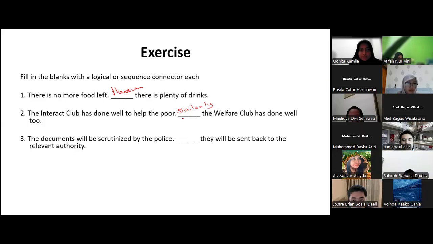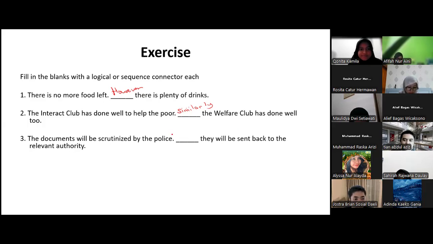Scrutinize is similar to analyze. Okay, Konita, unmute, read the sentence and then fill in the blank. The documents will be scrutinized by the police. Then they will be sent back to the relevant authority.